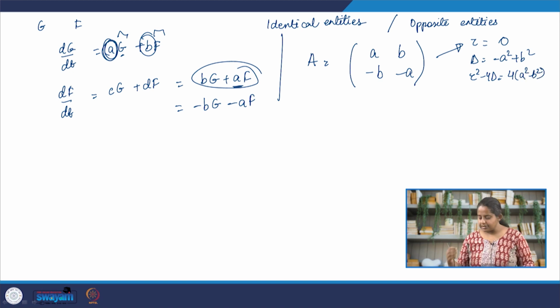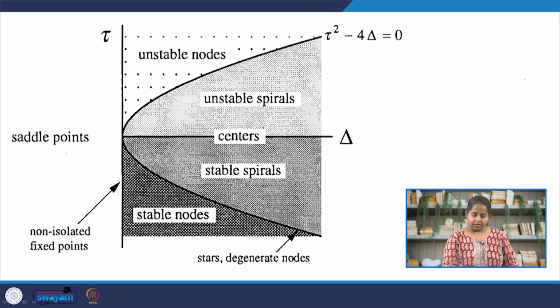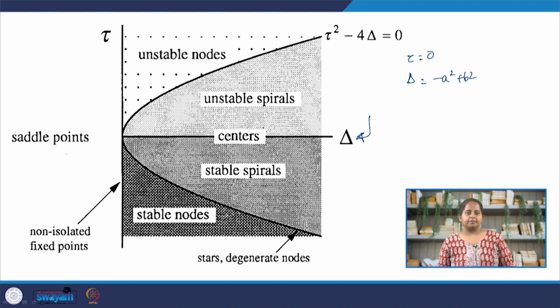If we consult the diagram that we have looked at before, tau is 0 and delta is minus a squared plus b squared. Notice here tau is 0, so we are right here on the x-axis. Now, if delta is positive, minus a squared plus b squared is positive, which means that b squared is bigger than a squared.